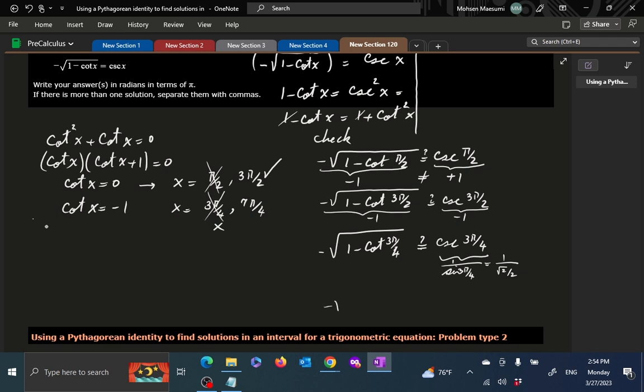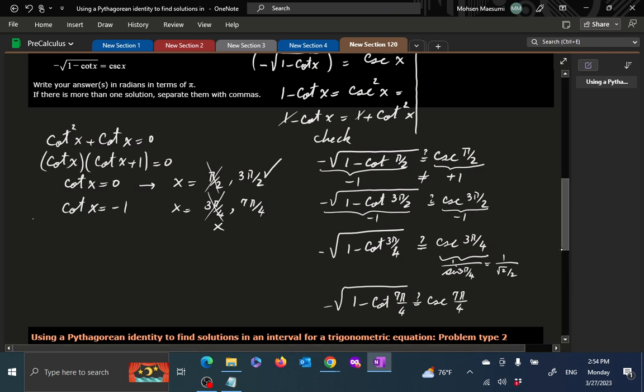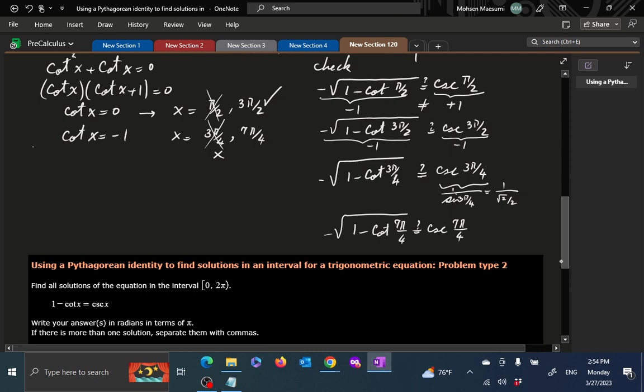How about 7 pi over 4? Is it true that minus radical of 1 minus cotangent of 7 pi over 4 is the same as cosecant of 7 pi over 4? Well, this has a better chance because on the left hand side I have minus radical 1 minus cotangent of this, the same as the reciprocal of tangent.